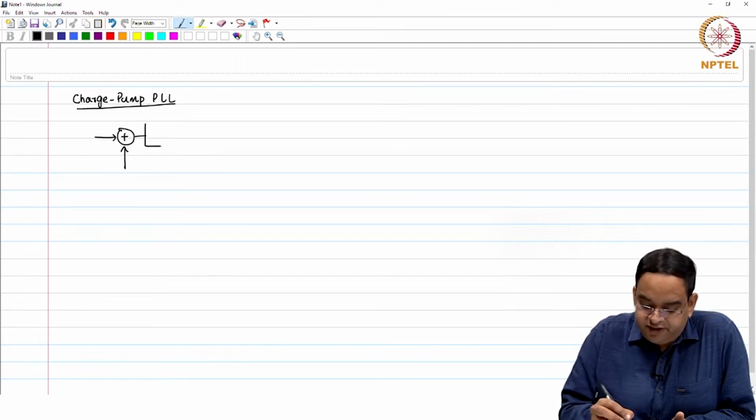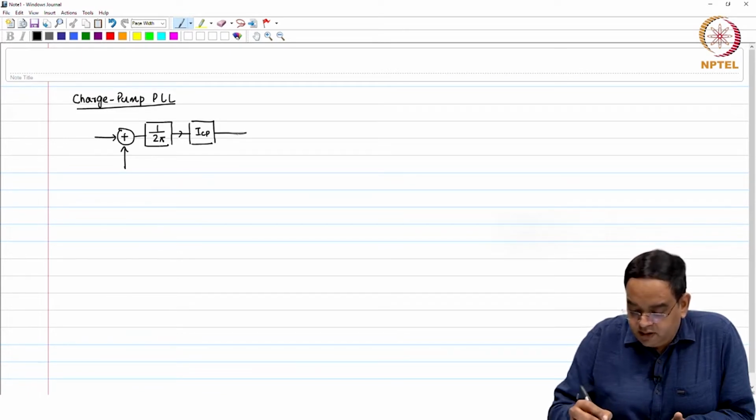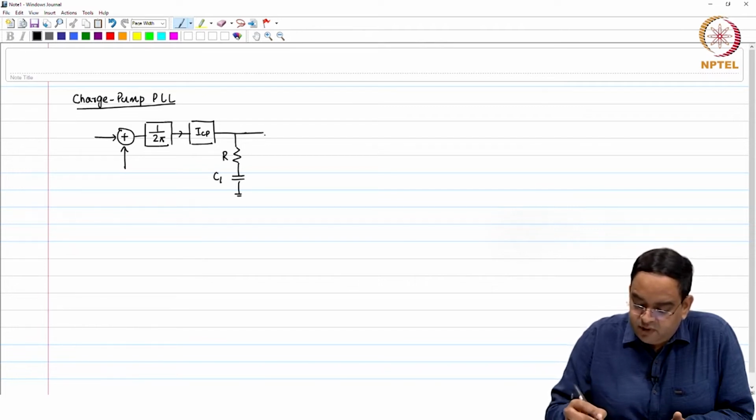So, we had this phase error detector PFD whose gain was 1 over 2 pi that goes to a charge pump with up and down signals, and the gain for the charge pump combined with PFD was ICP over 2 pi, and that goes to a loop filter which has R and C1 and a ripple bypass capacitor with C2.